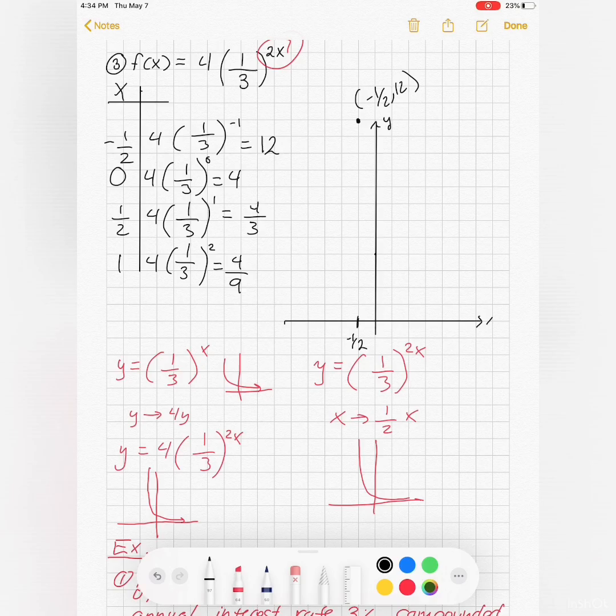And then 0, 4. And then 1/2, 4/3. And then there's no shift up or down, so the horizontal asymptote would remain at y equals 0.